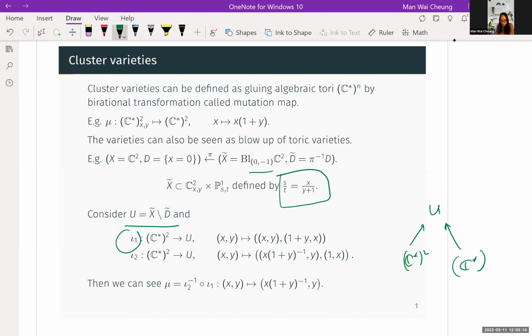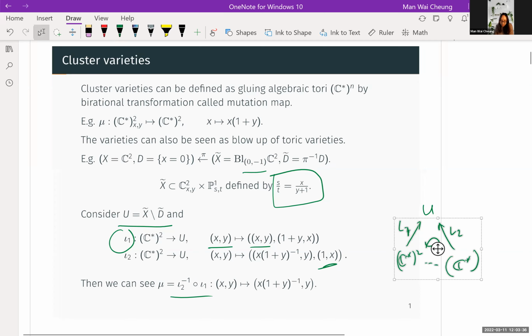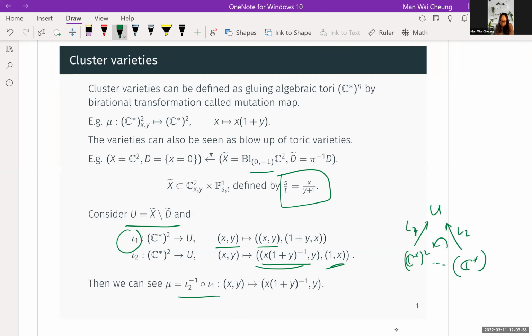The first chart covers our original torus, since we are looking at the open piece. The second chart covers the exceptional curve. Then we look at the transition map. I know I'm a bit quick here, but the second chart map is obtained simply by this relation.